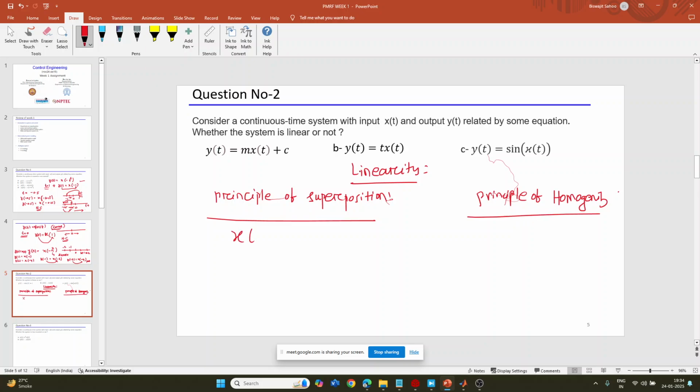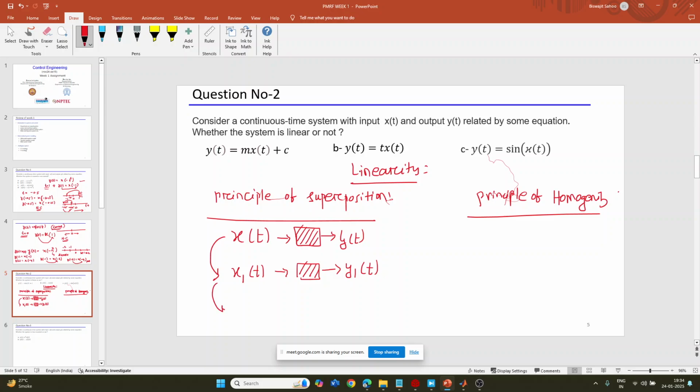Let's say I'm applying the input x of t. Your system is there. I am defining this block as the system. Then you are getting some output y of t. Let's say another person is coming and applying a different input, let's say x1 of t, to the same plant, and you are getting output y1 of t.